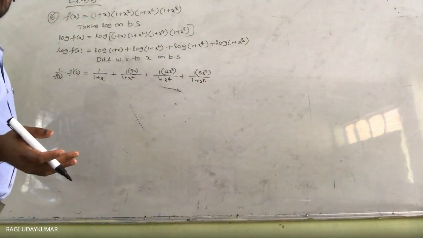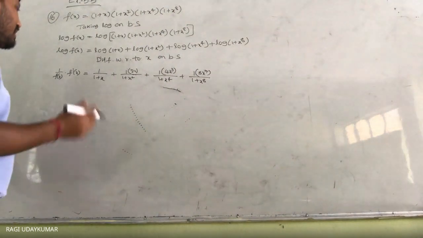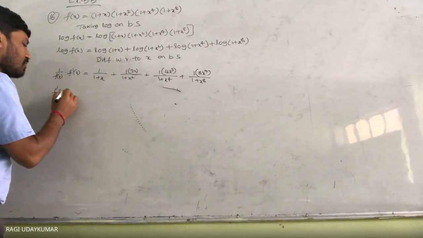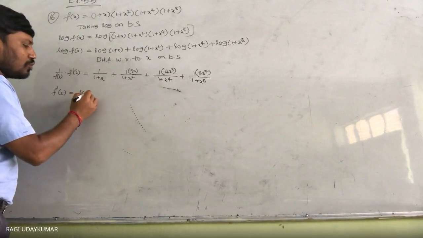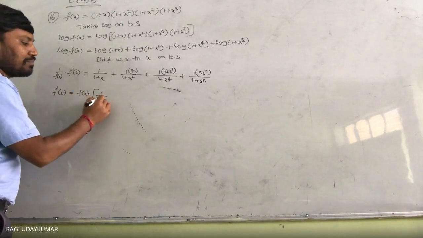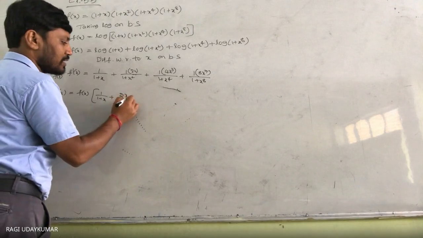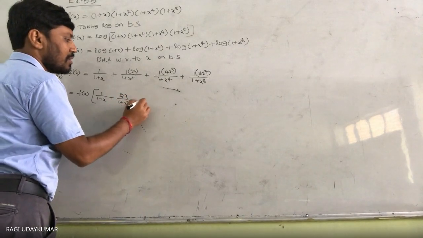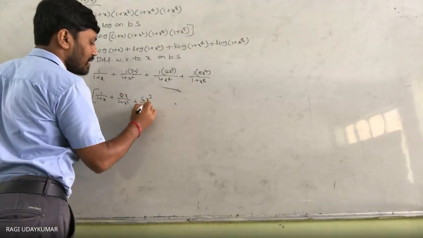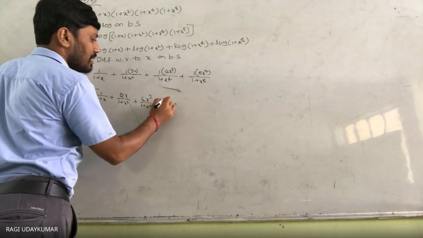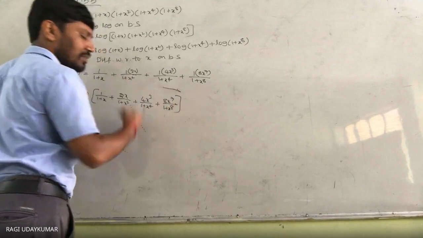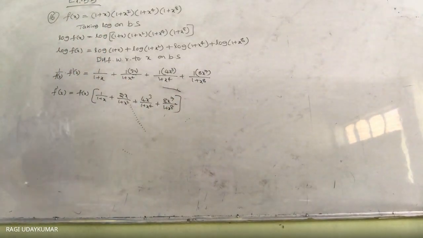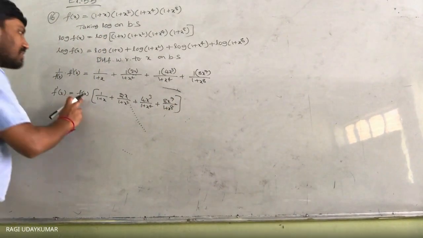That's what the problem is. If you write in a proper way, f dash of x is equals to f of x into 1 by 1 plus x plus 2x by 1 plus x square plus 4x cube by 1 plus x to the power of 4 plus 8x to the power of 7 by 1 plus x to the power of 8. f of x is what you have.